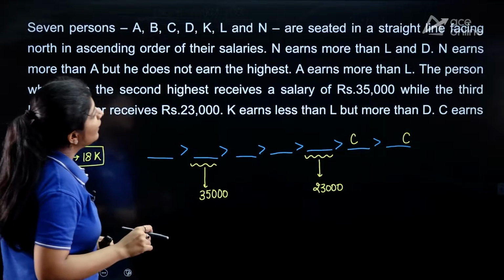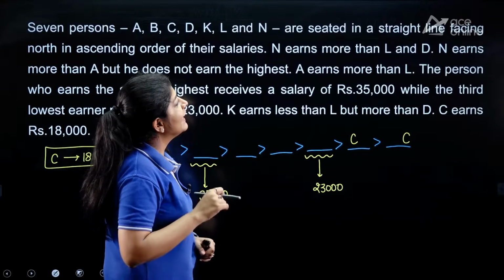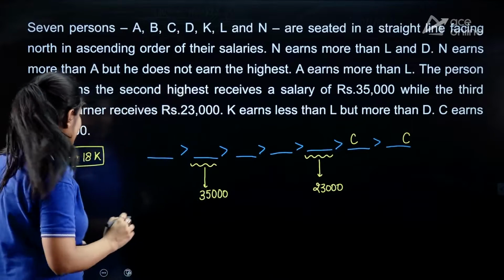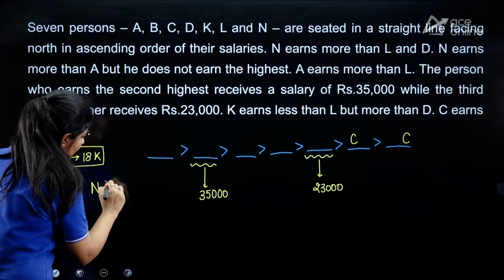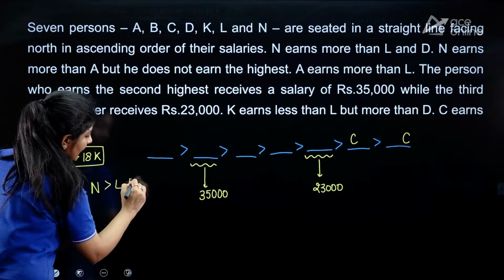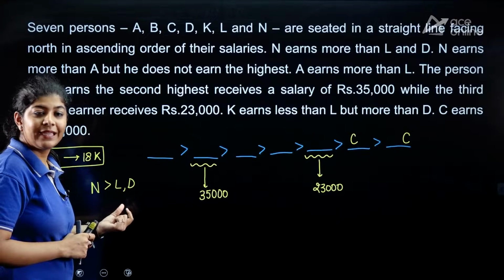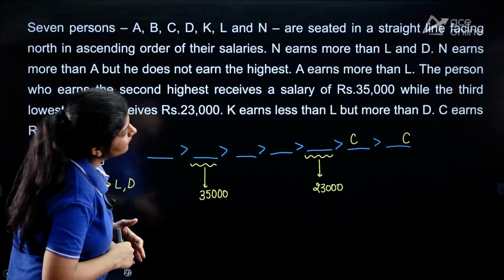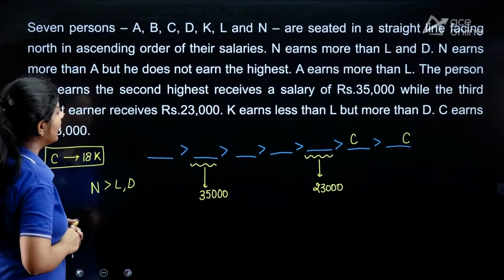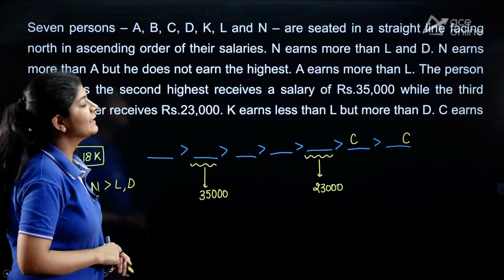Okay. Now, in the first line, it is given that N earns more than L and D. As right now, we do not have any relation between D and L. Next, N earns more than A but does not earn the highest.